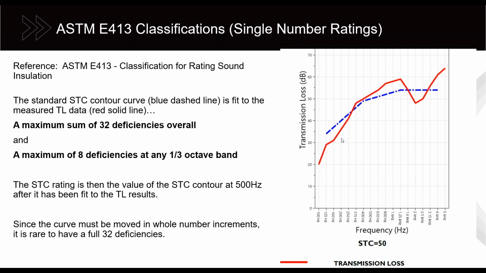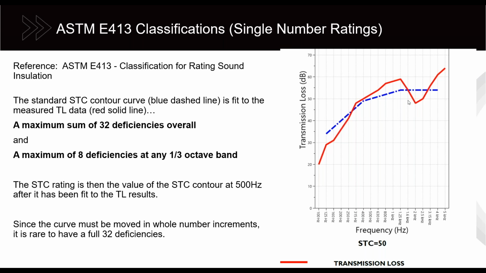So anyways, back to STC rating. We have this complicated curve, and we take the standard reference curve and fit it to the actual test results. This is done through a very simple procedure where you increase it until you have a maximum of 32 deficiencies. A deficiency is a point where the red line is below the blue line.